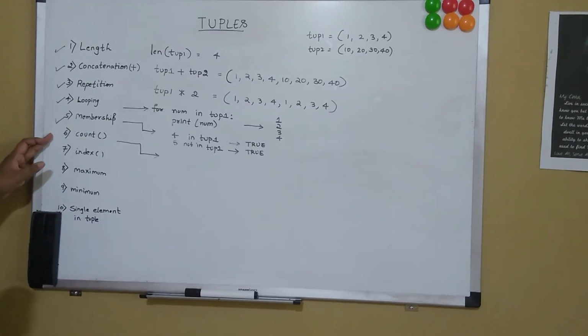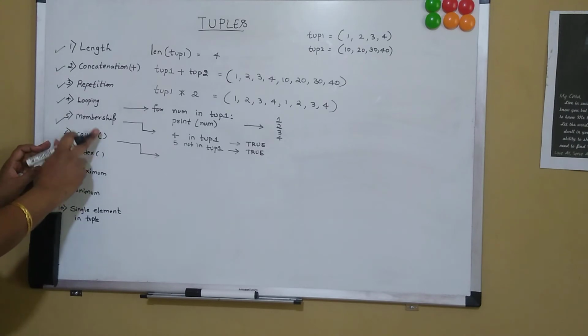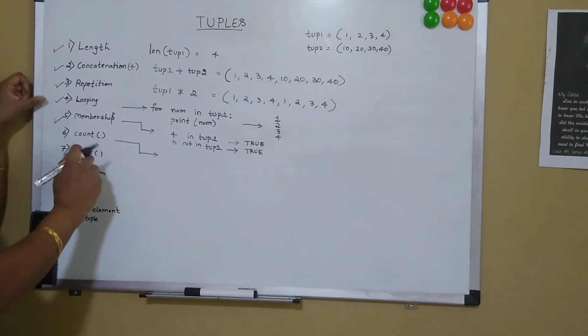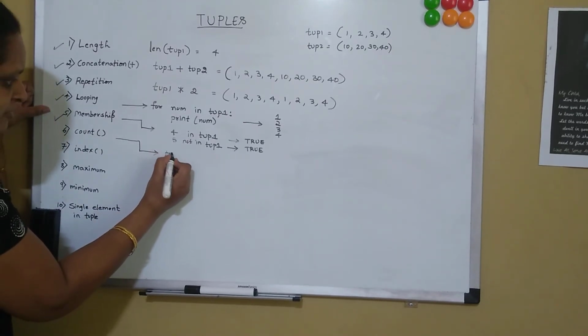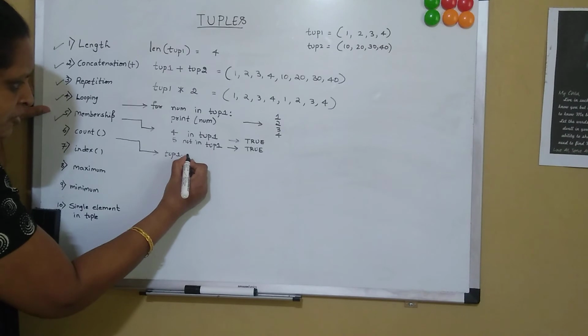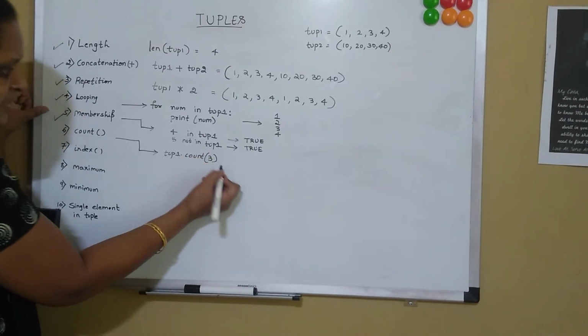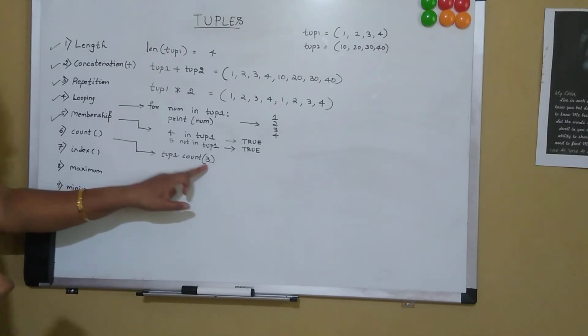For the count, we had seen in list that it will return the number of occurrences of the element specified in the count parameter. So if I say tuple 1 dot count, and then specify 3, it will check how many times 3 is appearing in the tuple.